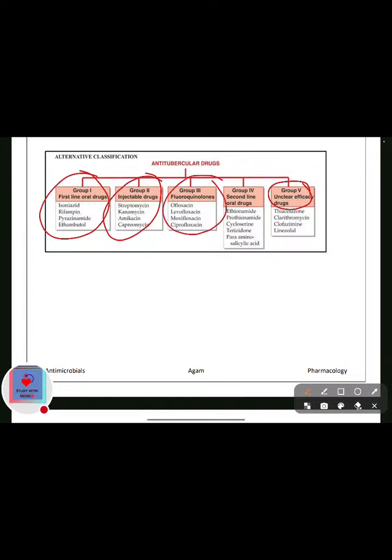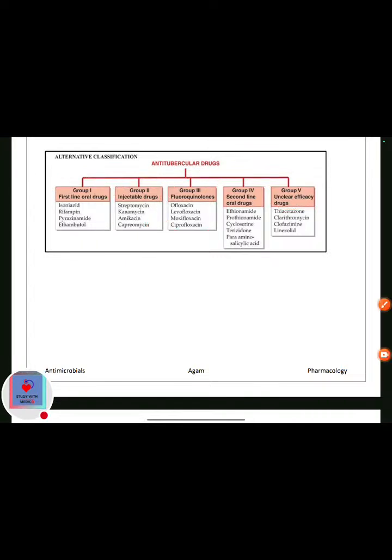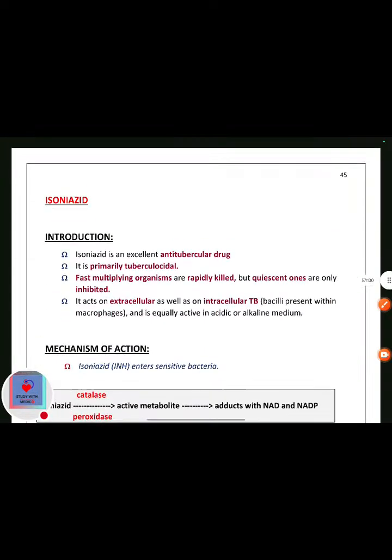Then group 3 fluoroquinolones: ofloxacin, levofloxacin, moxifloxacin. Group 4 drugs are the other drugs: ethionamide, prothionamide, cycloserine, and para-aminosalicylic acid. Group 5 are unclear efficacy drugs: clarithromycin, linezolid, amoxicillin, and similar drugs.